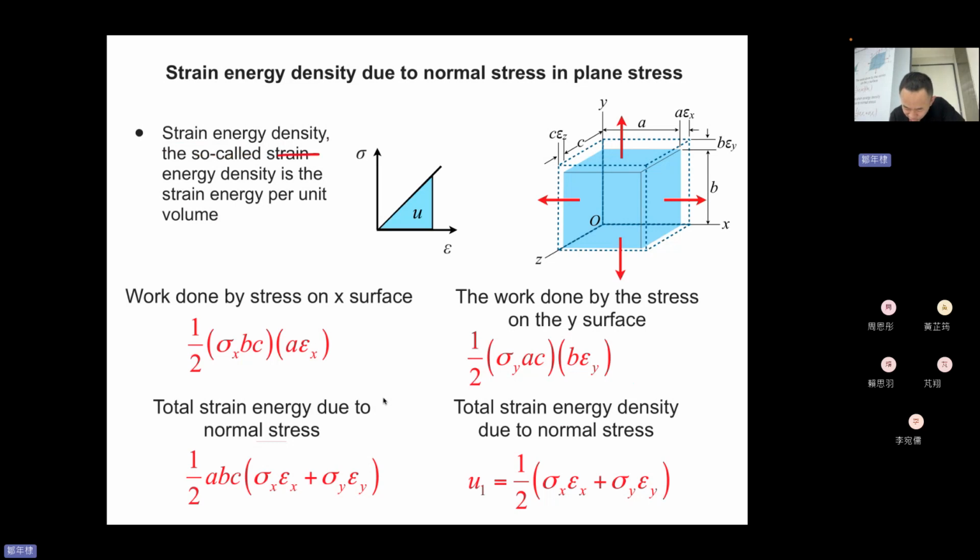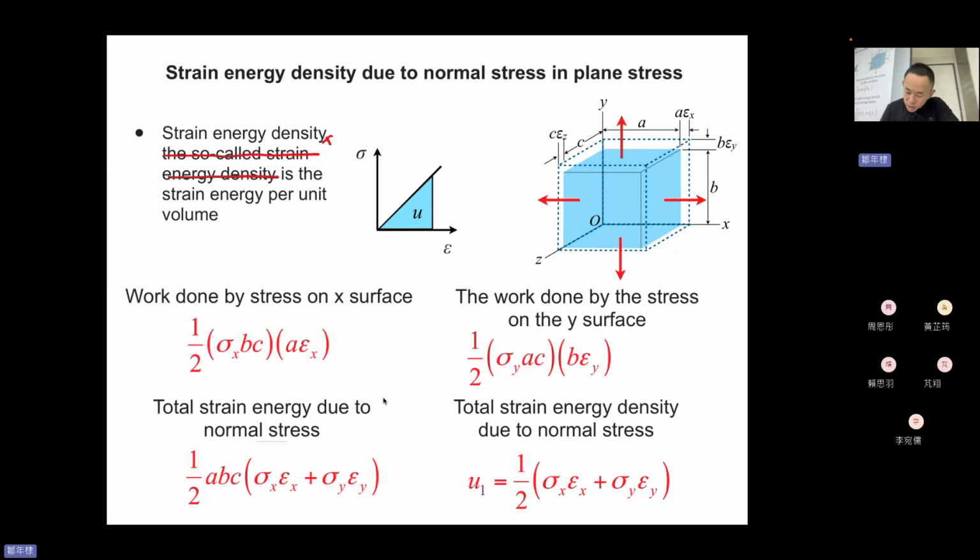The so-called strain energy density. This is redundancy. Okay. Strain energy density is the strain energy per unit volume. I believe you know that. And then the sigma and epsilon curve, we can have the area under the curve to represent strain energy density, right?